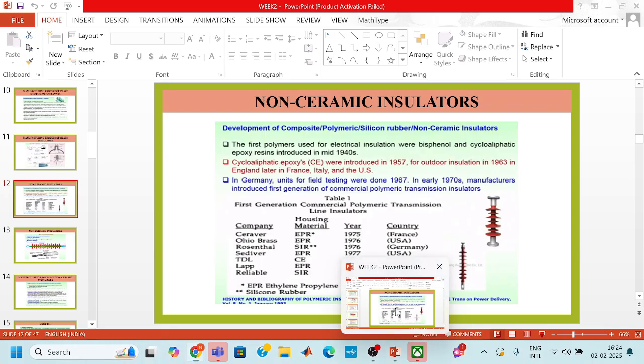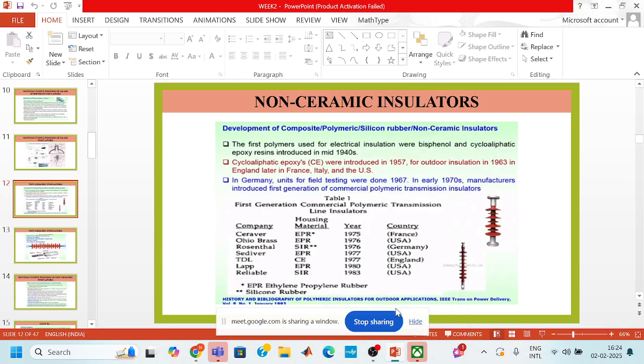Okay, so basically, after polymeric and glass insulators, we move on to the non-ceramic insulators. These are composite insulators made up of silicon rubber. The first polymers used for electrical insulation were bisphenol and cycloaliphatic epoxy resins, introduced in the mid 1940s.